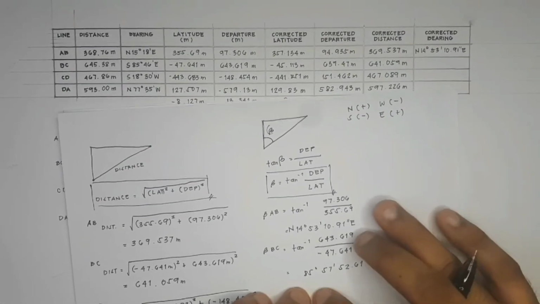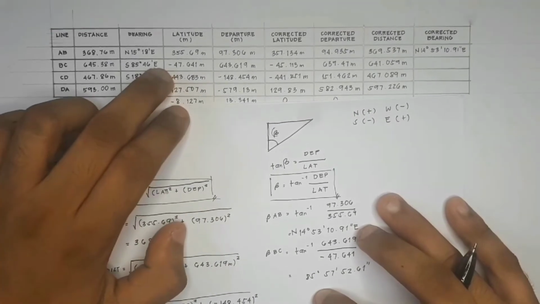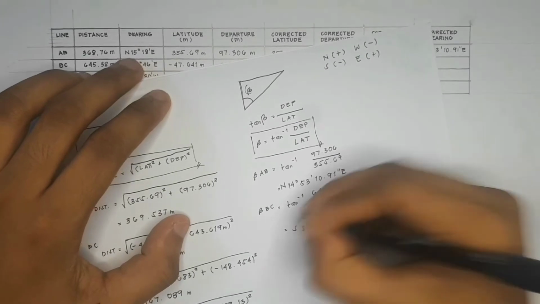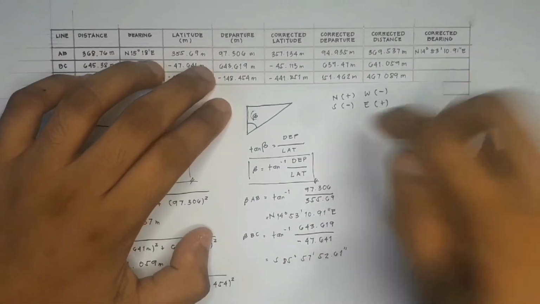Since we have negative latitude, this will be south. And for our departure, we have positive, so this will be east.